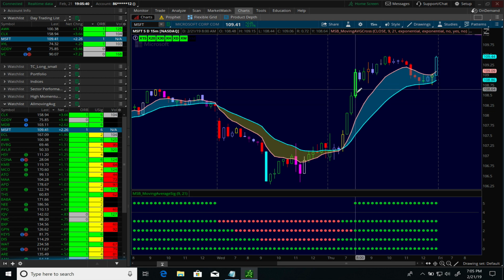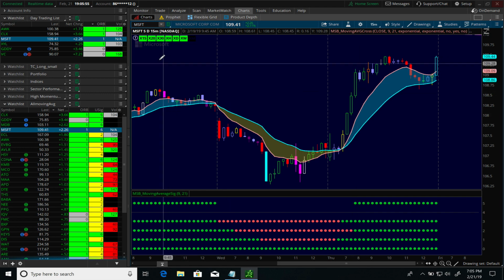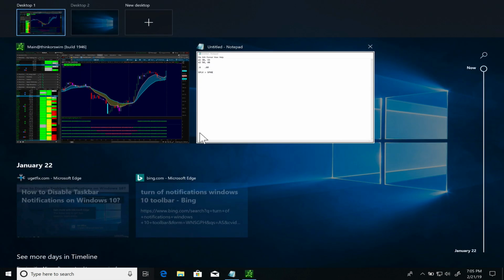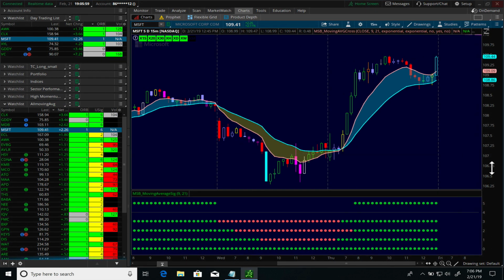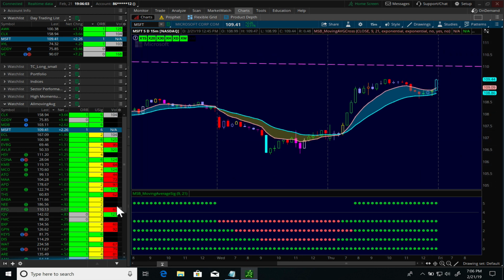An early buy signal would be if you didn't want to wait for confirmation from all of them, but here you get one, two, and three confirmations, you could take the trade. You get a little early signal, but if you want to wait for all four, then you take the trade here. And so this is all telling you that this is a good and a high probability trade to take.